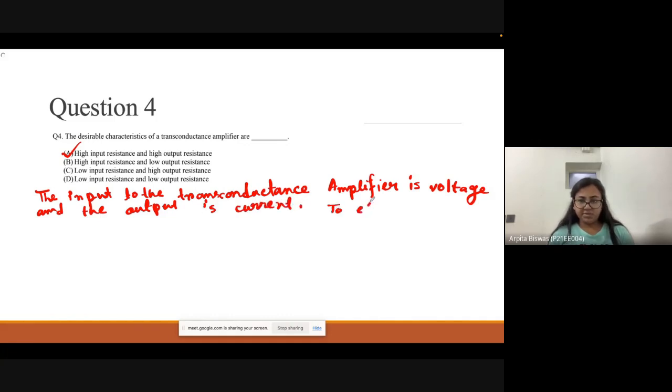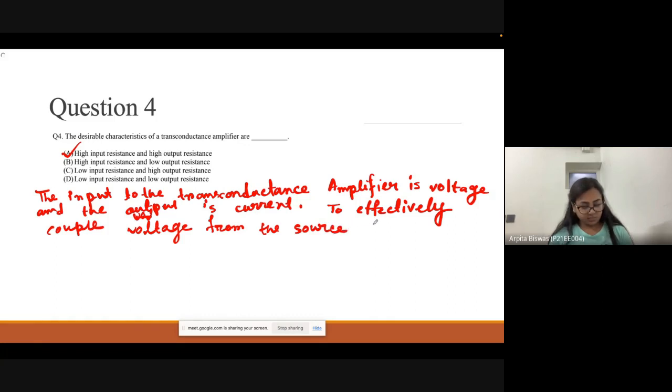To effectively couple voltage from the source, our input resistance should be high.